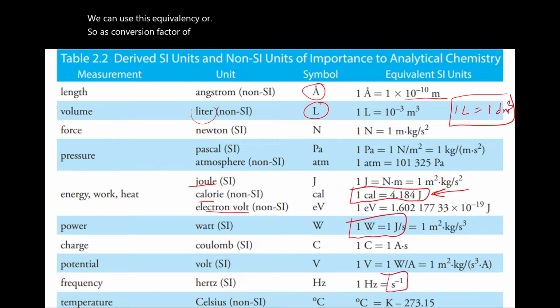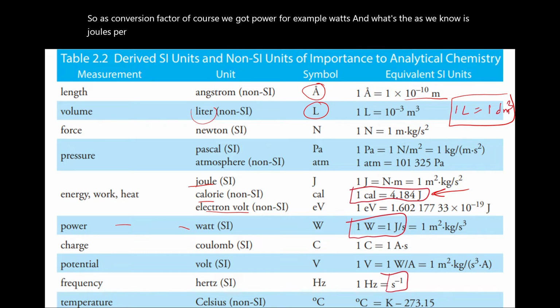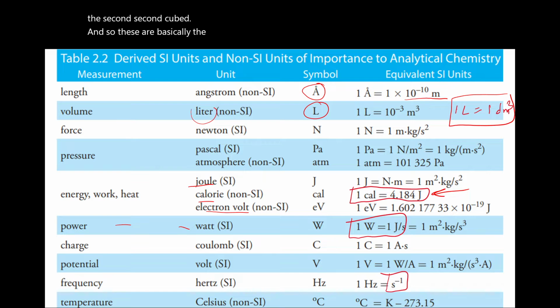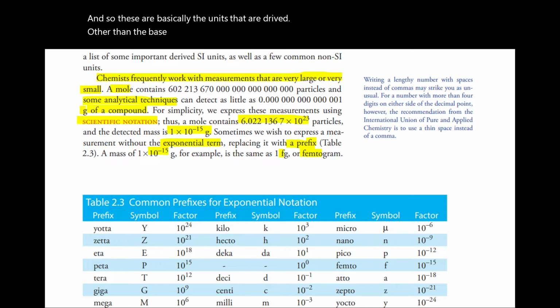We have power, for example, watts, and watts, as we know, is joules per second, and joules is meters squared times kilogram per second squared, so it becomes second cubed. So these are basically the units that are derived other than the base units.